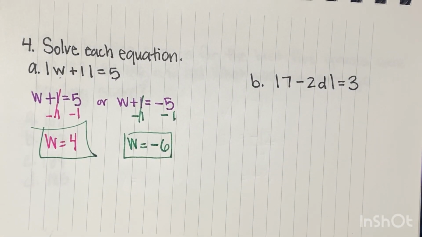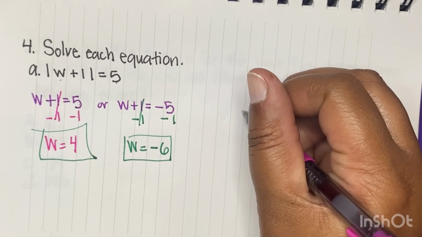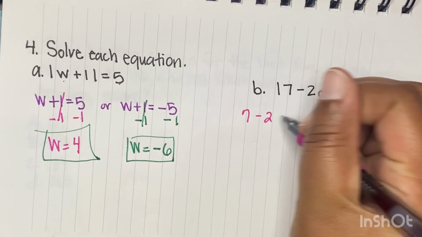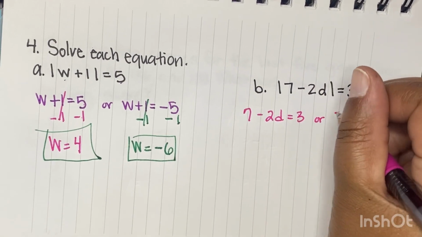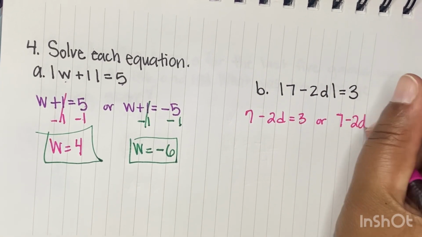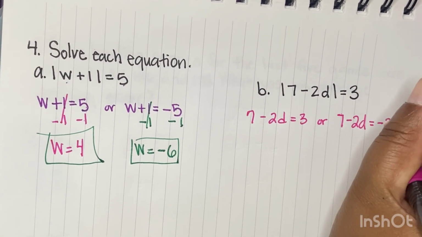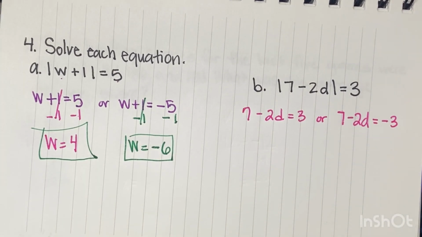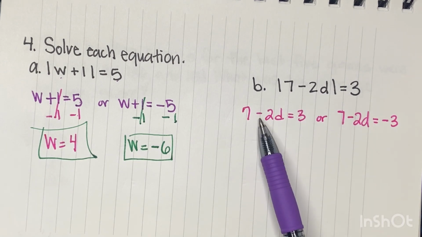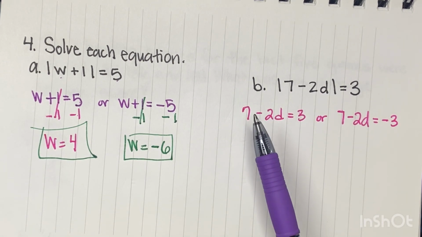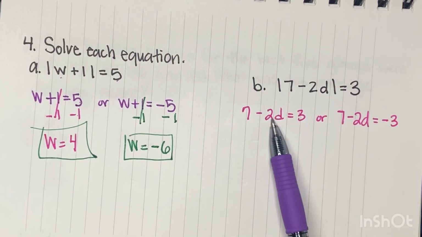Alrighty, let's set up B. So we have 7 minus 2d equals 3, or 7 minus 2d equals negative 3, okay? The first thing we want to do is get this negative 2d by itself.